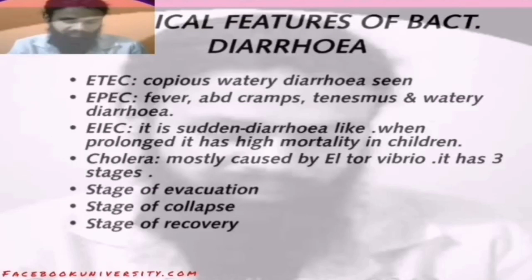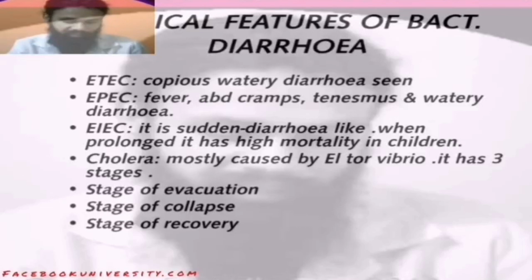Clinical features of bacterial diarrhea. Copious watery diarrhea is seen in EPEC. Fever, abdominal cramps, tenesmus and watery diarrhea are seen in EIEC. It is sudden diarrhea, and when prolonged, it has high mortality in children.